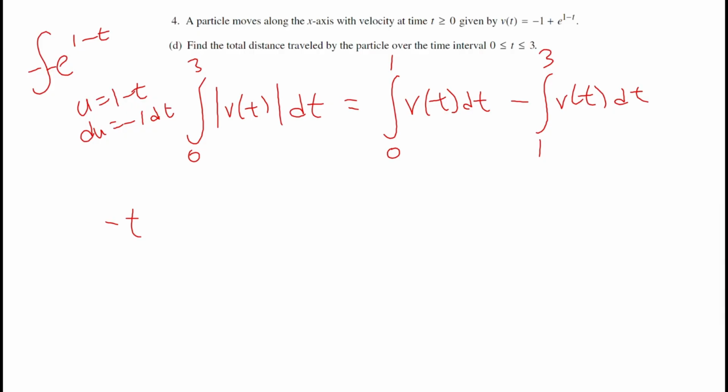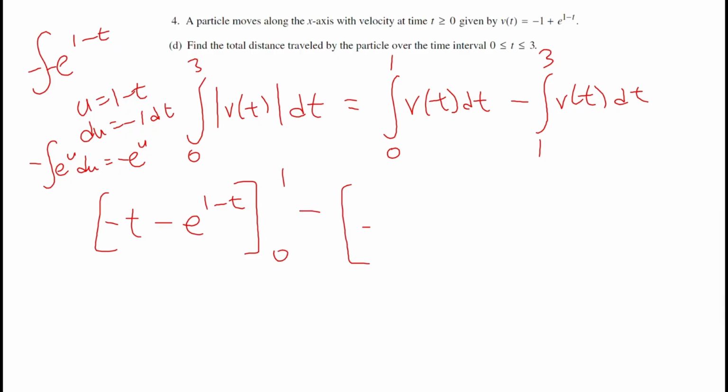If we integrate that now, it's negative integral of e^u du, which is just negative e^u, or minus e^(1-t). So that's our integral of negative 1 + e^(1-t), and we're going to evaluate that from 0 to 1.